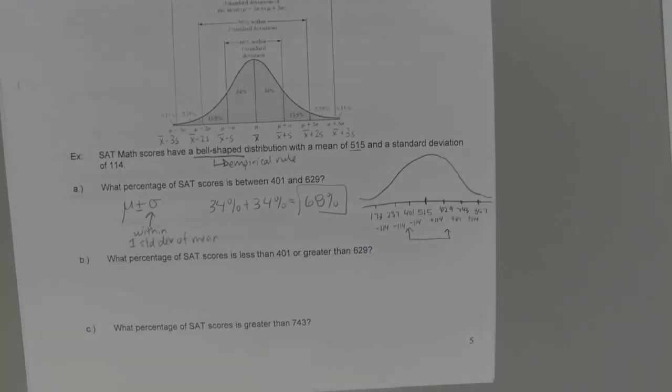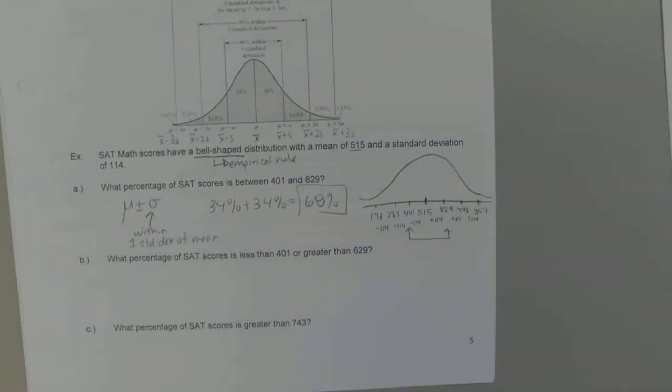This is the technical notation, mu plus or minus sigma, within 1 standard deviation of the mean. But since we labeled our generic empirical rule over there, we know that we just went 1 standard deviation to the left because that's where 401 was. We went 1 standard deviation to the right because that's where 629 was. So that's here on this chart.